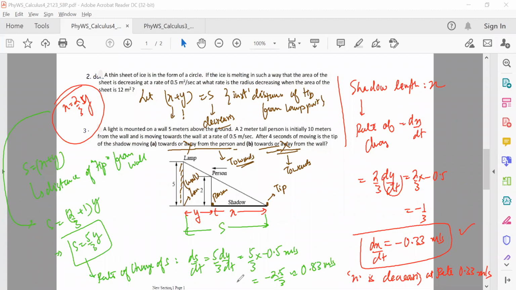Okay, so again, the minus sign is showing that S is decreasing with respect to time. So the distance of the tip from the wall is decreasing at the rate of 0.83 meters per second.